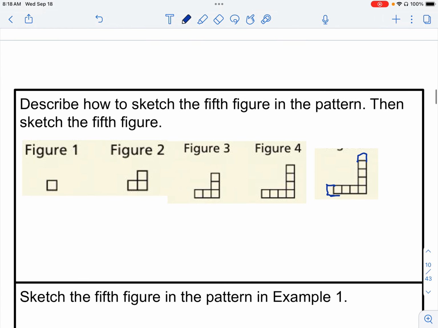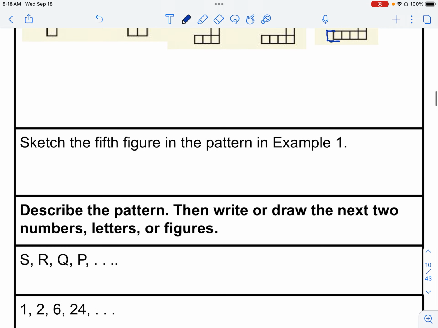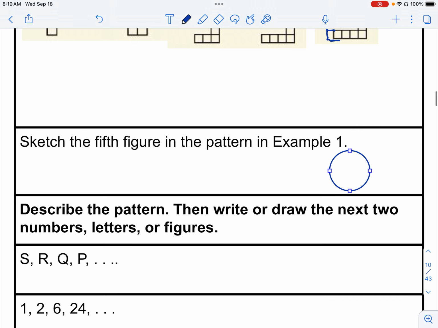All right, so in the first example, when we had our circles and our pieces of pie, now we're going to add the fifth figure. So we're going to start with our circle, hopefully. Okay. But now we're going to cut it in half 5 times, creating equal pieces. 2, 3.